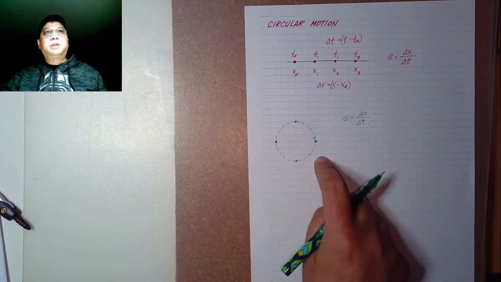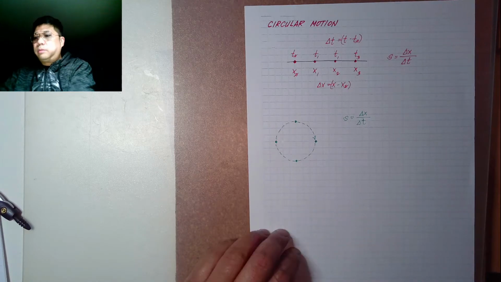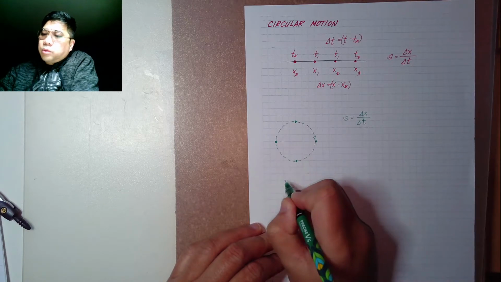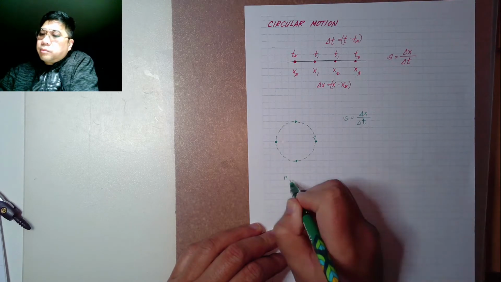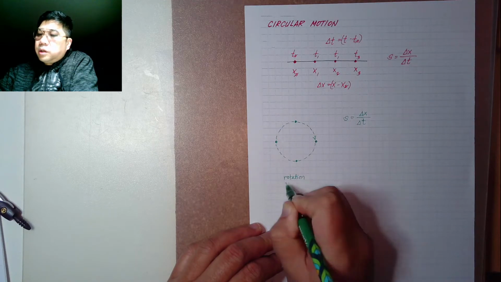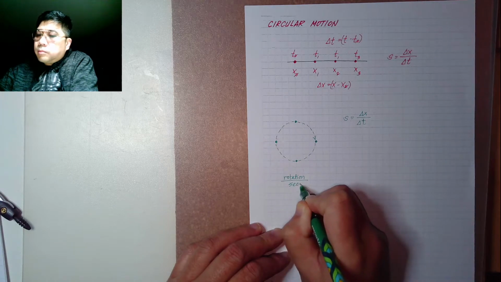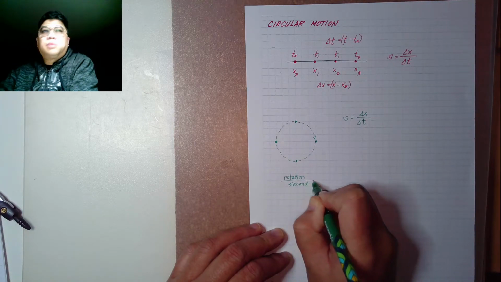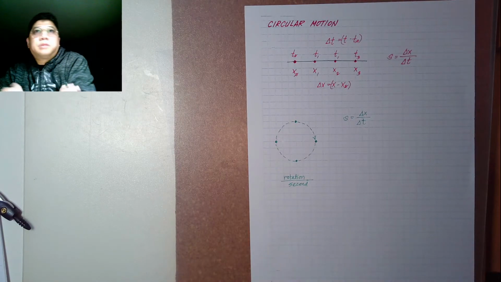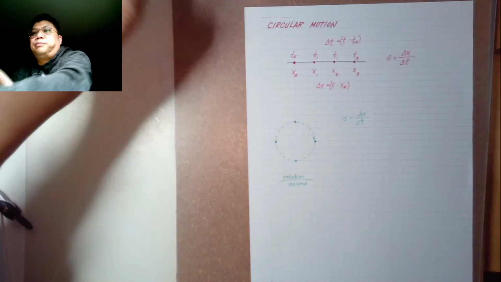From the number of rotations, we can derive something. Let's say that is one rotation per second, also known as RPS. Let me zoom in so you could see.